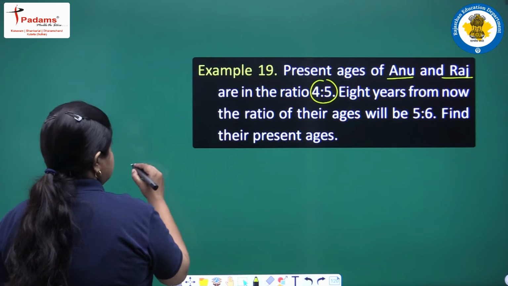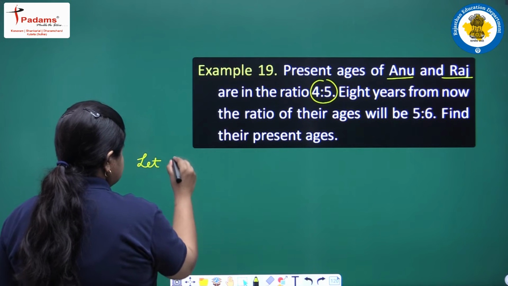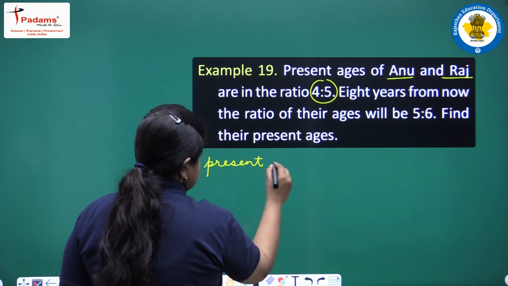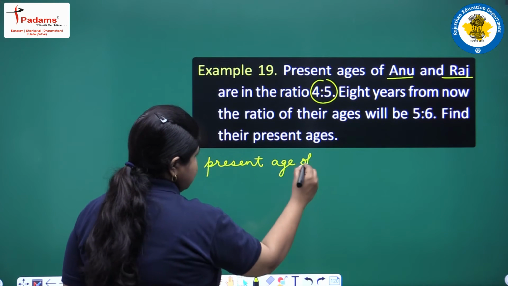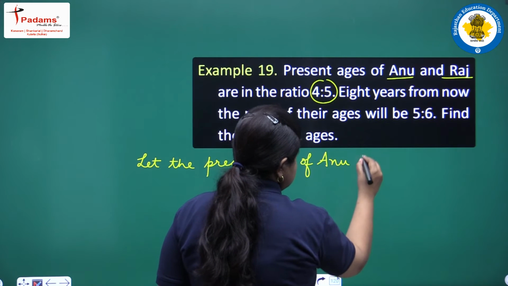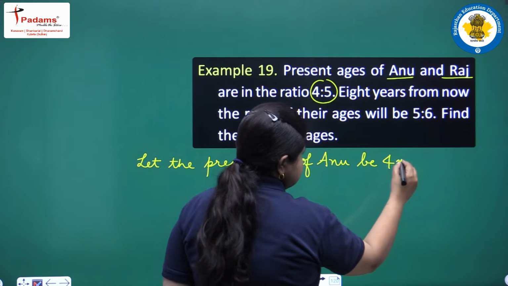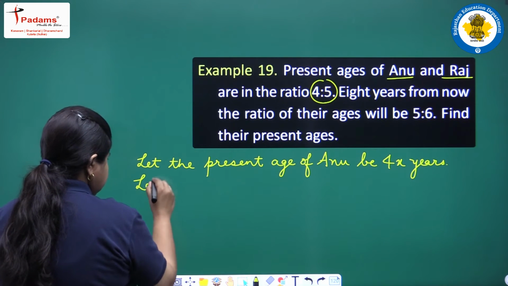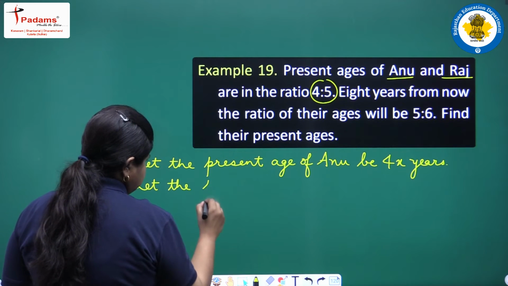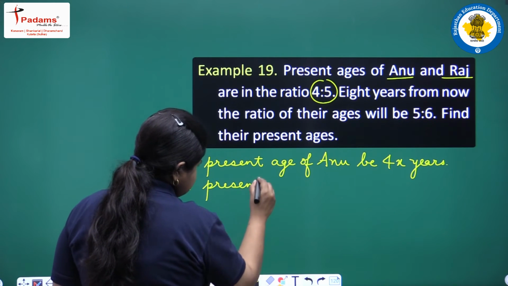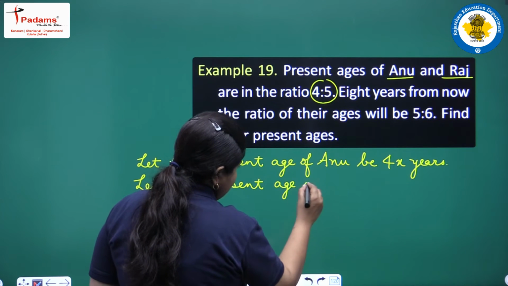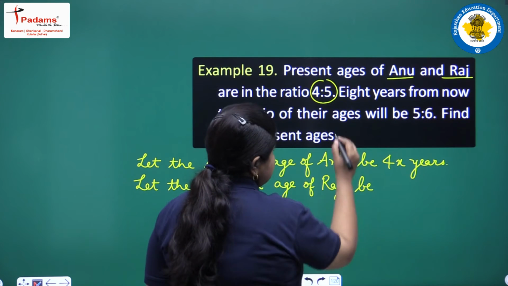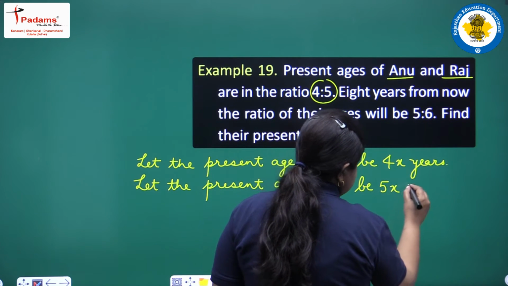So, we take it to be, let the present age of Anu be 4x years and let the present age of Raj be 5x years, 4:5.